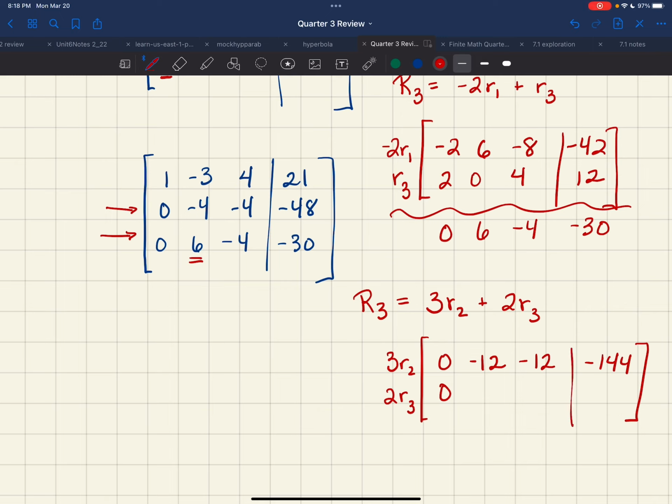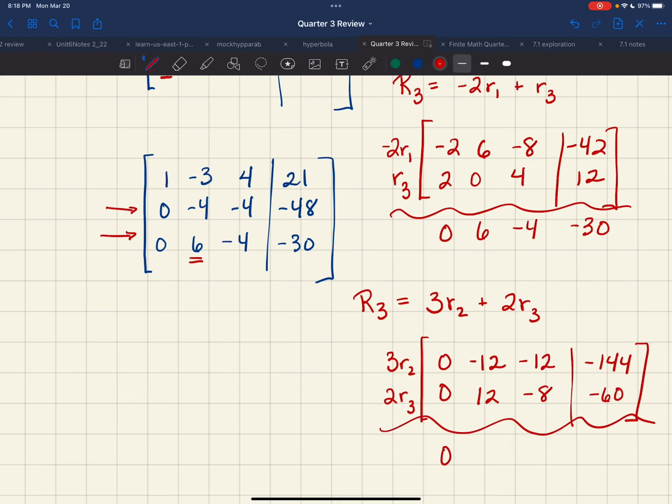Okay, and then my second one, it's going to be times 2. So 6 times 2 is 12. Negative 4 times 2 is negative 8. And negative 30 times 2 is negative 60. And then I'm going to add these together.